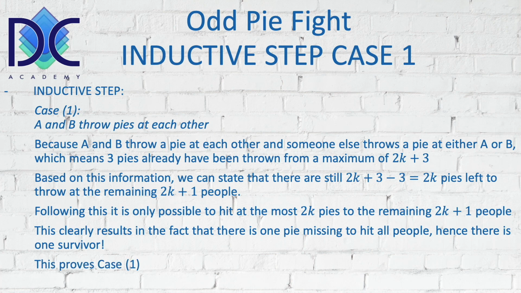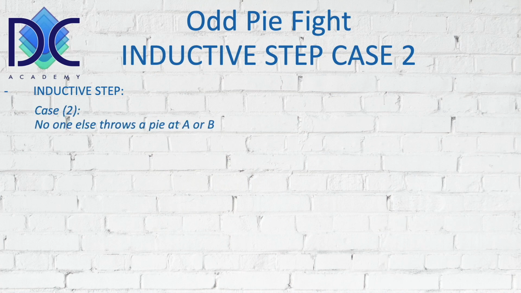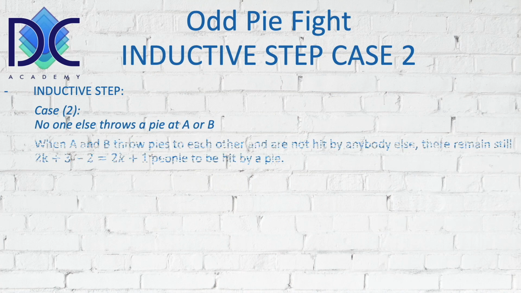Now we can go to the second case of the inductive step. In the second case, no one else throws a pie at A or B. So basically, when A and B throw pies to each other and are not hit by anybody else, there still remain 2k plus 3 minus 2, which is 2k plus 1 people to be hit by a pie.